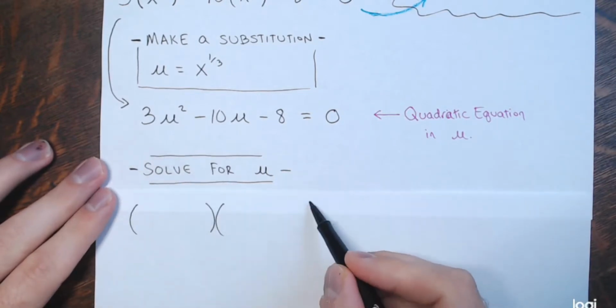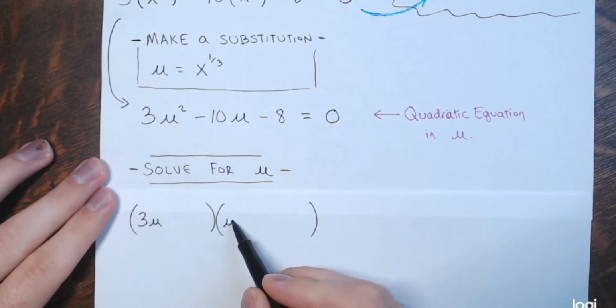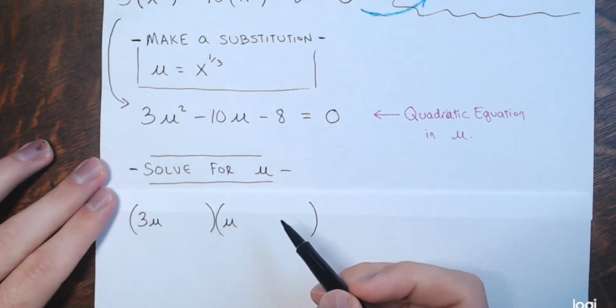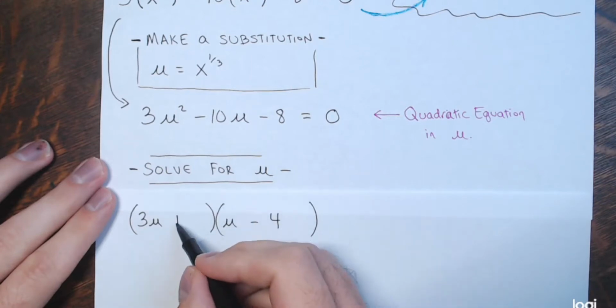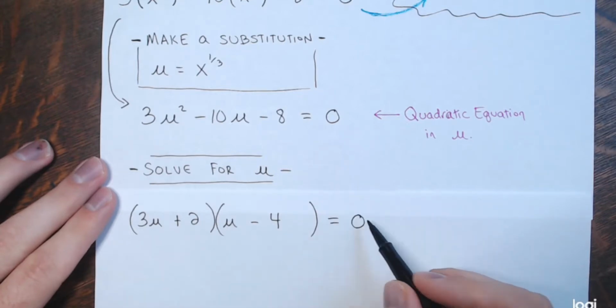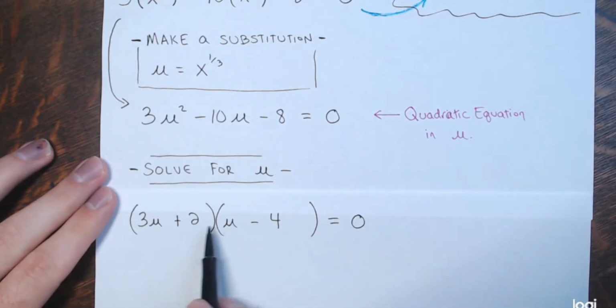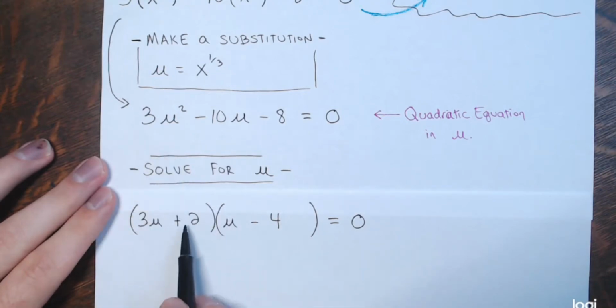You'd have to have 3u in one of the factors, u in the other one, and then a minus 4 over here and a positive 2 here. This factors as 3u plus 2 times u minus 4. And you can double check by multiplying. You'd have 3u squared, minus 12u plus 2u would be minus 10u, and then minus 8.